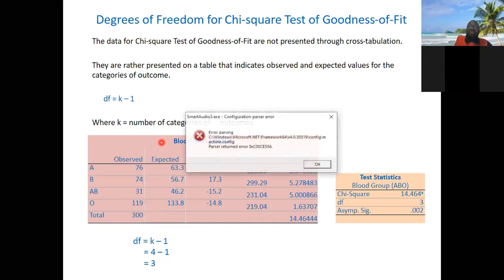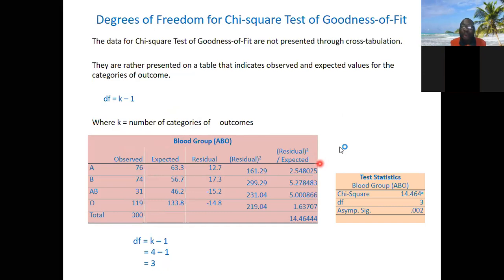Theoretical just means that the work has been done before, it has been published. It is believed that this is the blood group distribution for this population. Maybe for A is 63.3, for B is this, for this is this. So the percentages of the different blood groups are given, and you are just comparing your own frequency with that expected frequency.